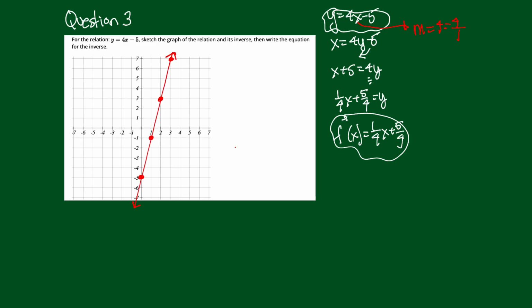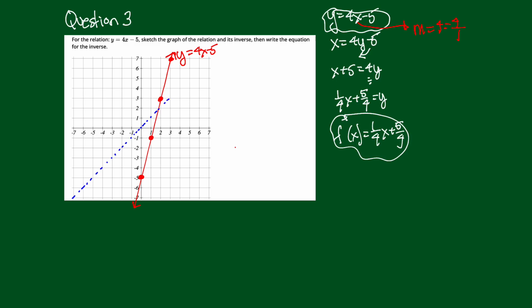All right, so I just did that, and there is my graph of y equals 4x minus 5. Now, to get the graph of the inverse, I could just graph this one right here, or I could just remember that the inverses are symmetric around this 45-degree line.